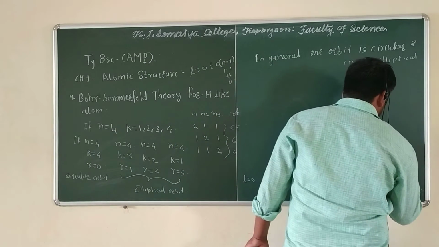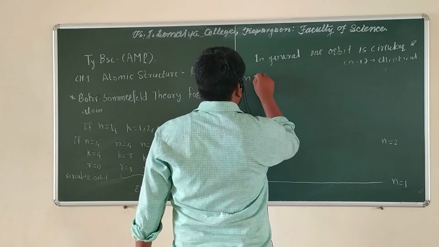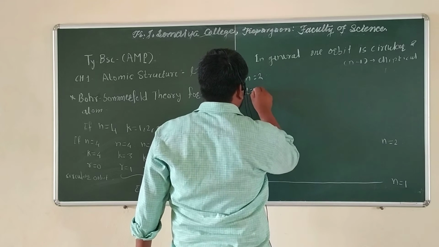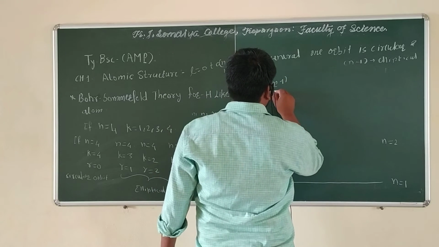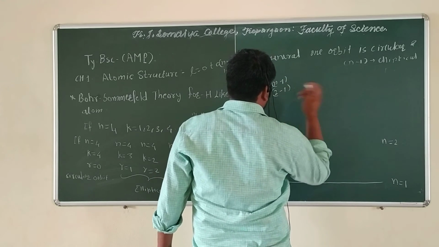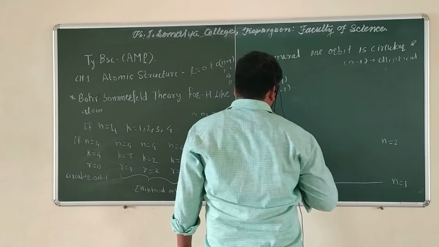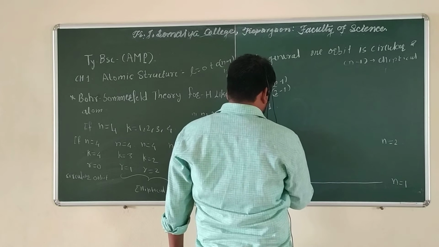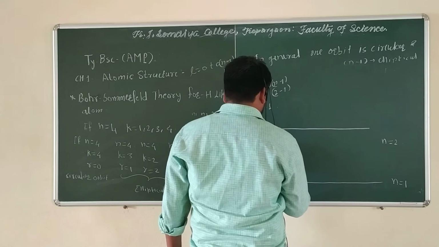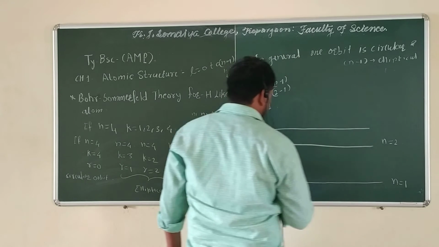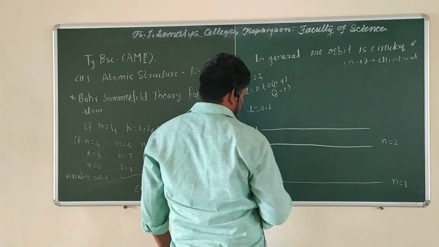Suppose for example n is equal to 2, then the L value is 0 to n minus 1, so that is 2 minus 1, which is 1. So the L values here are 0 comma 1. There are two energy states, for L is equal to 0 and L is equal to 1.